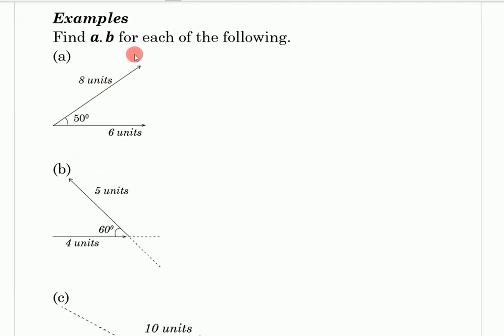Find A dot B for each of the following. One of them is A, one of them is B. So A dot B is equal to the magnitude of A times the magnitude of B times the cosine of theta.